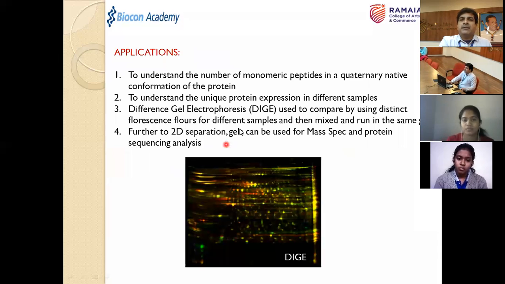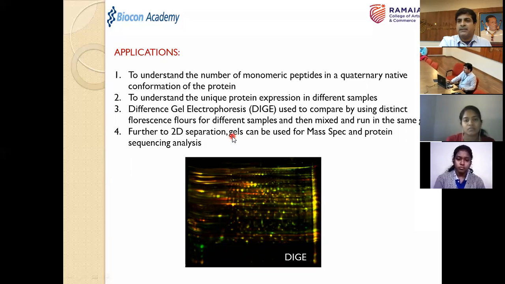So two-dimensional gel electrophoresis is a high-end proteomic technique for separating samples. And why do you need two dimensions? In SDS-PAGE, we separate based on mass, and two-dimensional separation gives you separation based on isoelectric point and also based on mass.